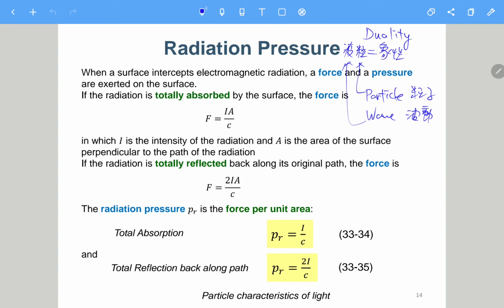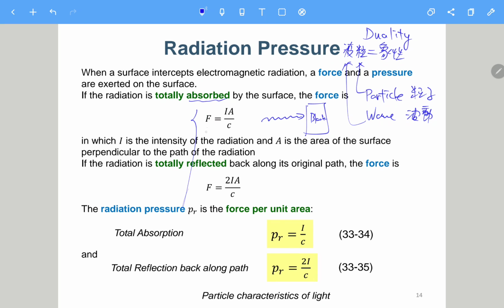And it also has the property of a particle. So considering these two, it's just like momentum. If the wave is shooting to a surface and it is totally absorbed, for example by a black matter, then the EM wave will be absorbed by the matter.